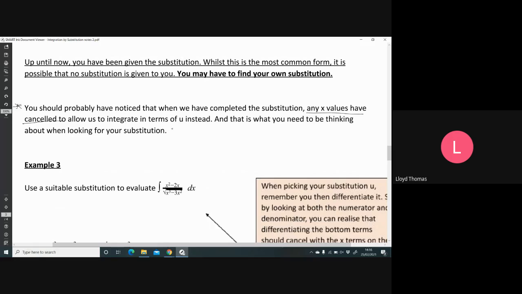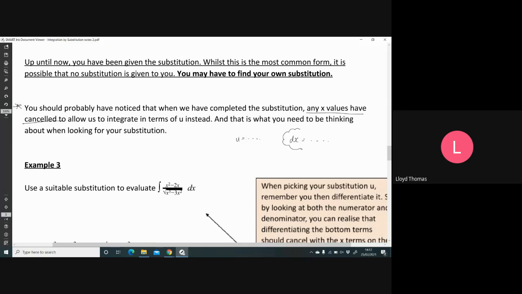Now remember, when I replace it with u equals whatever the substitution is, well, that doesn't matter because I'm just going to be putting in a u there instead of the letter x. So there's not going to be any x's left. But it also cancels out when I put dx equals something.